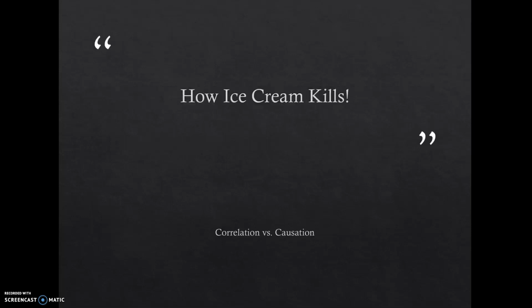So I found a really interesting video to show you how ice cream can kill. Please watch that video to understand the difference between correlation and causation, because the way to examine causation is not through correlational studies. If you remember, we talked about this in descriptive statistics and also the introduction to quantitative research. We have descriptive studies, correlational studies, quasi-experimental studies, and experimental studies.